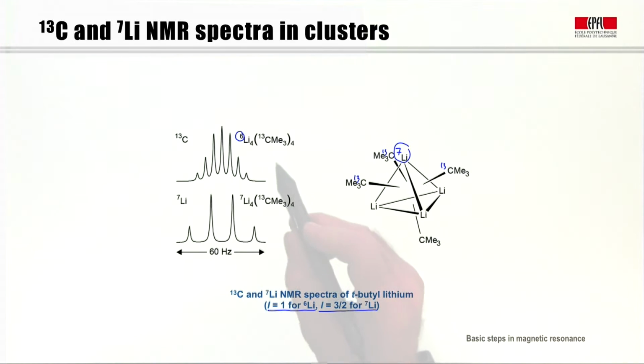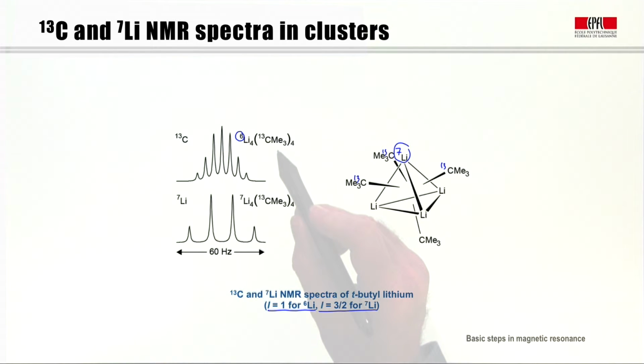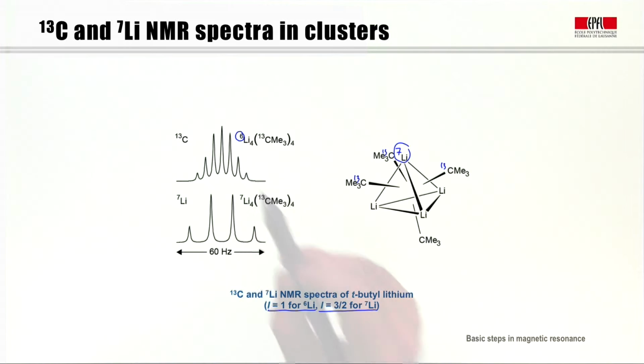But then each carbon is coupled to 3 lithium nuclei, and therefore gives rise to this very strange non-binomial multiplet, which is comprised of 3 interleaved triplets. So I vividly recommend you to look at this. This is in fact similar to what you have seen in diborane, except that now it's a coupling to 3 neighboring nuclei.